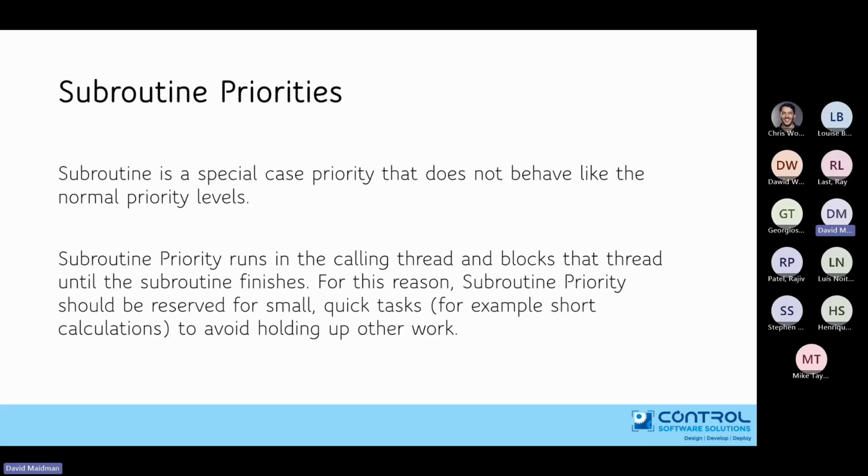Just looking at two of those priorities, which are special cases. Subroutines are a special case. It doesn't behave like the other priorities. What subroutine priority does is, if you've got a VI with subroutine priority, when it runs, it will run in the calling thread.